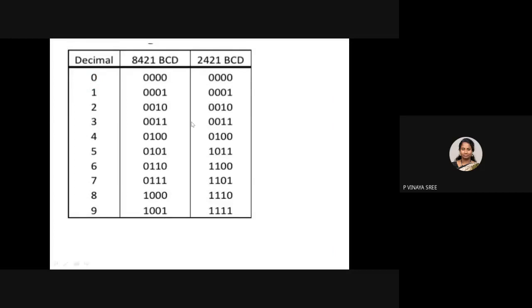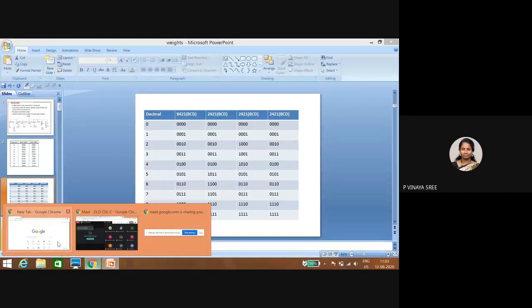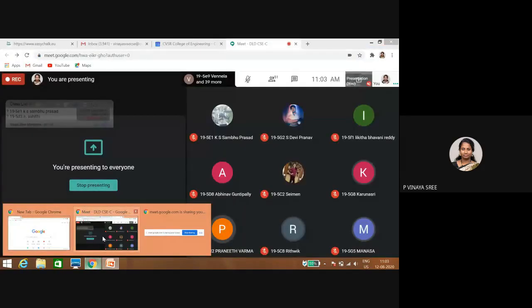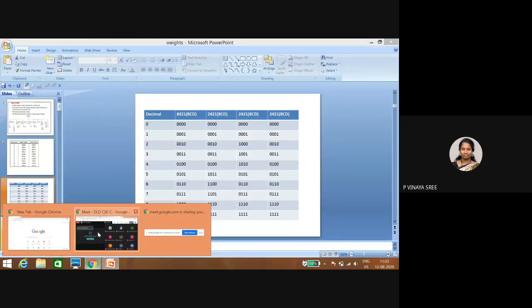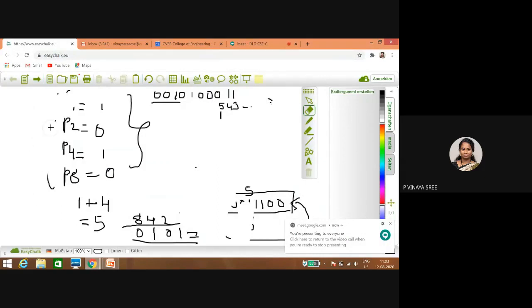So 2421, try to concentrate on 2421 while writing. Maximum of the students will make mistakes, so that is the reason I have written all combinations here. How do we write 2 in 2421?